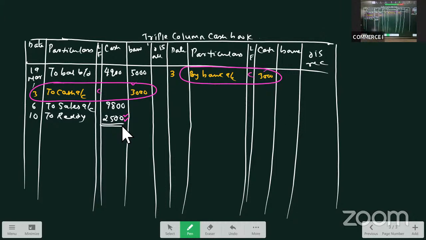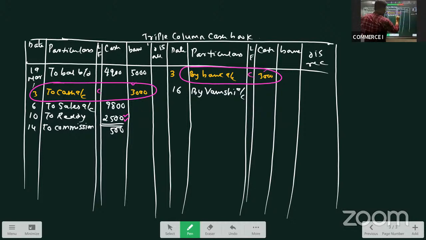Now, commission received on 14th. We received 500 rupees commission. Then paid to Vamshi. It is a payment, so payment will come on the credit side. By Vamshi.